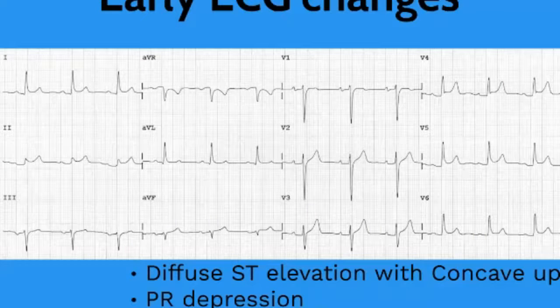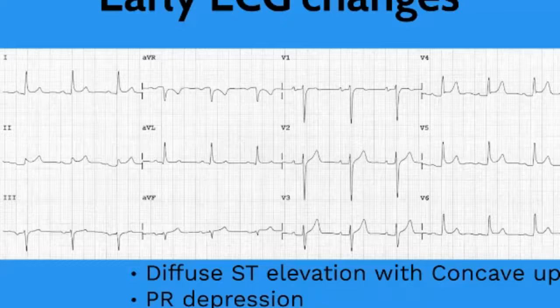So remember, diffuse ST elevation. Similar to myocarditis and unlike a localized myocardial infarction, you're going to have diffuse ST elevation. A very important difference in pericarditis, unlike myocarditis and MI, is that the ST elevation is concave up.